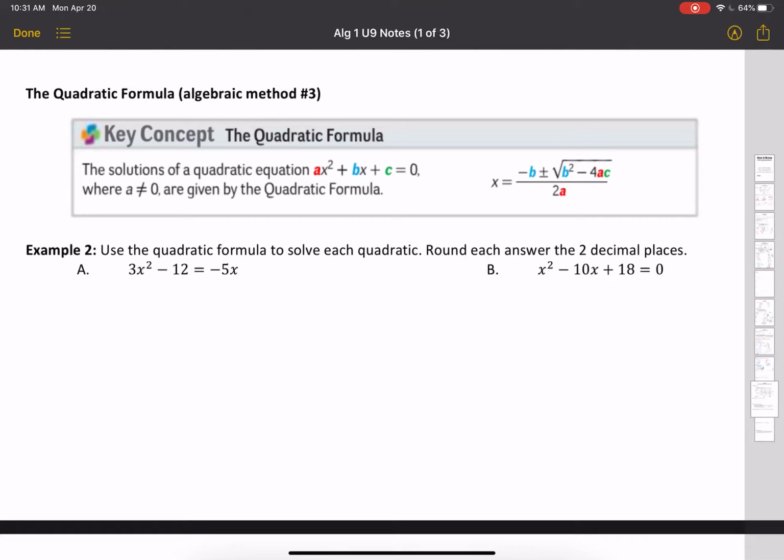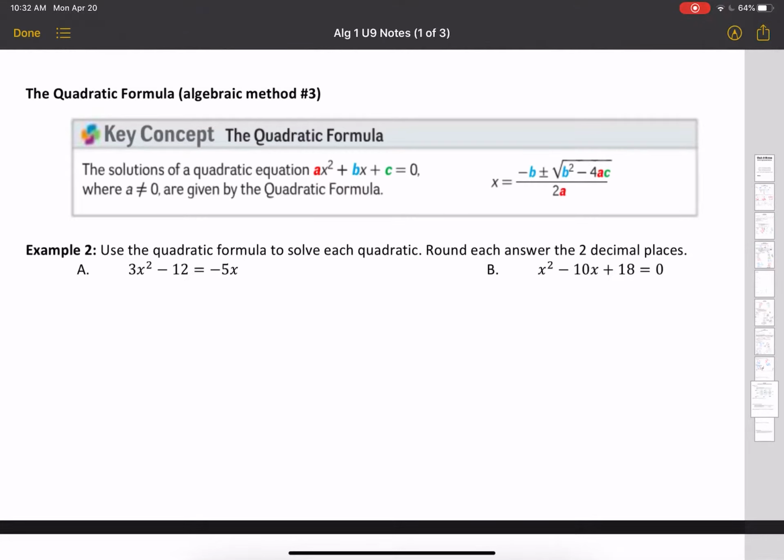Doesn't matter if your b value or your c value are 0. This is going to work for any quadratic. So it's not the fastest way. Like if a quadratic is factorable, I think it's easier to factor it. But if that doesn't work, or if it seems too difficult to factor, you can use the quadratic formula.